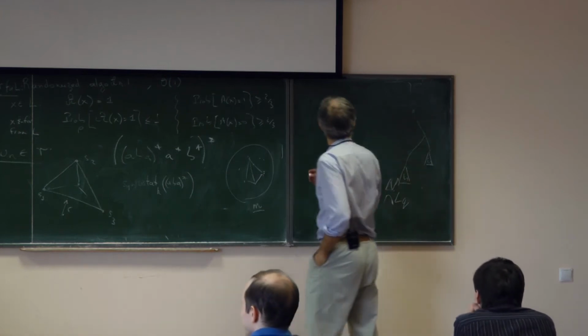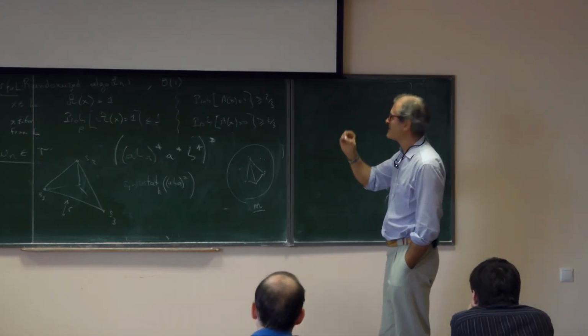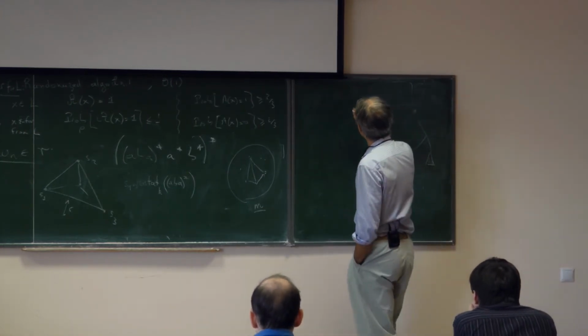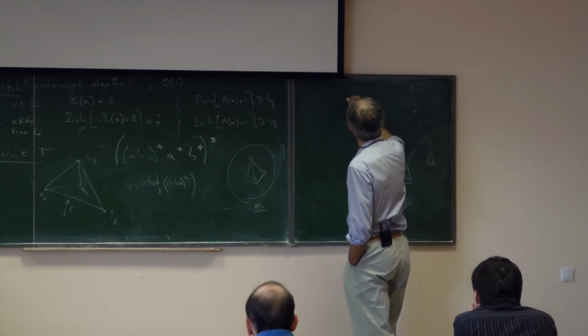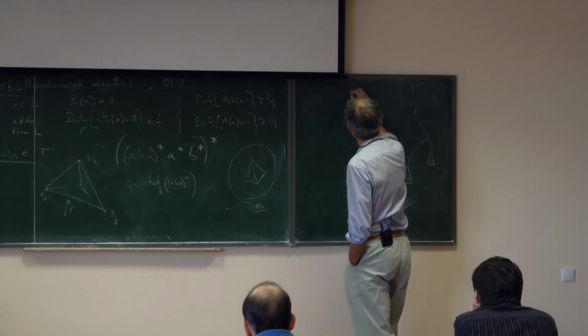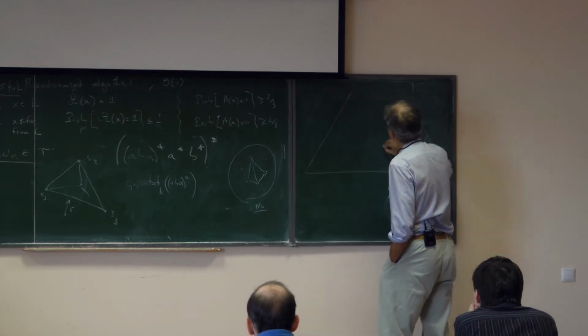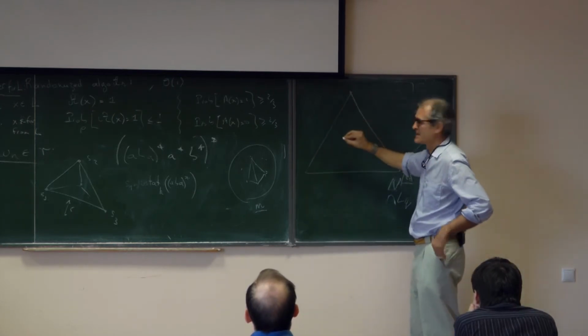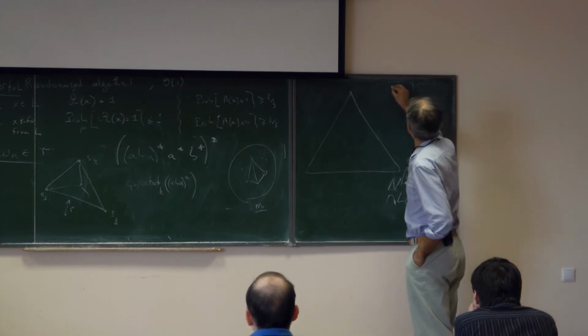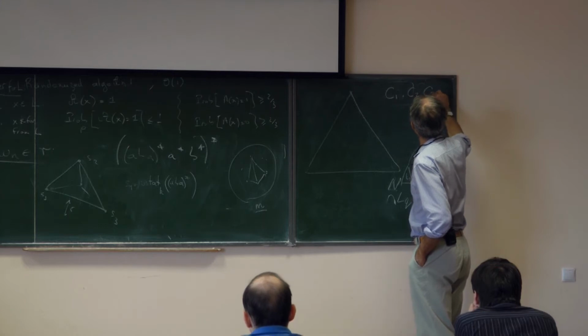The reason why it's much more difficult on trees is the following. Imagine that your tree automaton also has components C1, C2, C3.